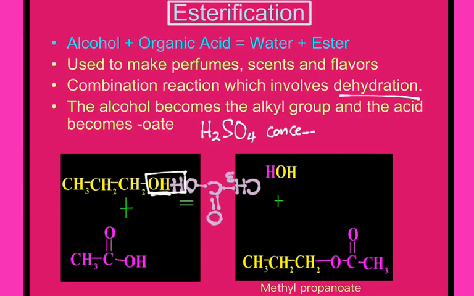Now, did you notice there was the yellow one and the purple one, am I right? So now we delete all of these ones. We delete them, and then we draw the bond.